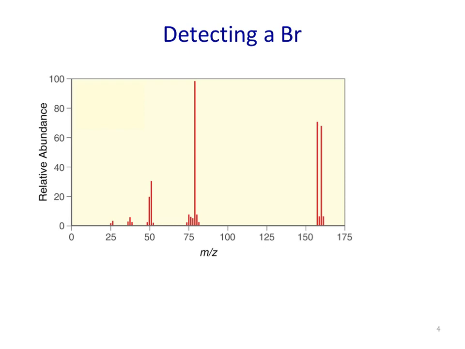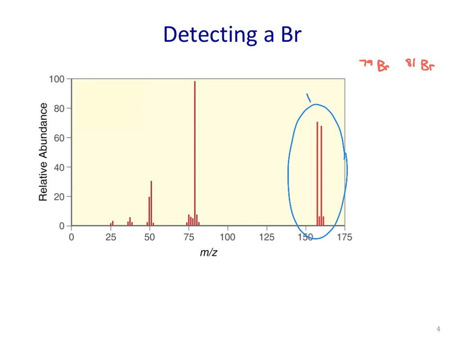Another useful thing that's easy to spot is a bromine. This is because bromine is actually a near one-to-one mixture of bromine-79 and bromine-81. For that reason, you're going to see peaks in the mass spectrum for both of those. If we look at the mass spectrum of this molecule, here's this rightmost grouping of peaks.